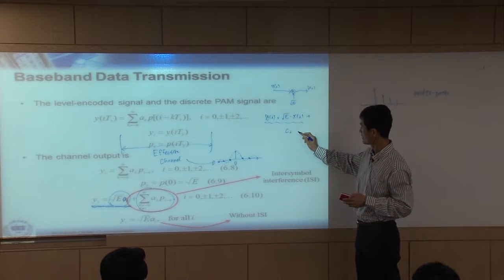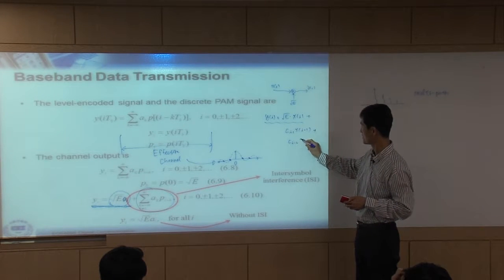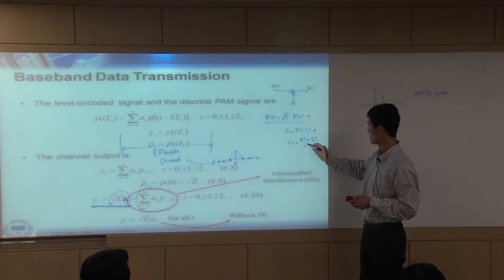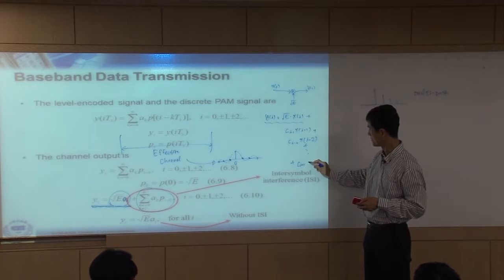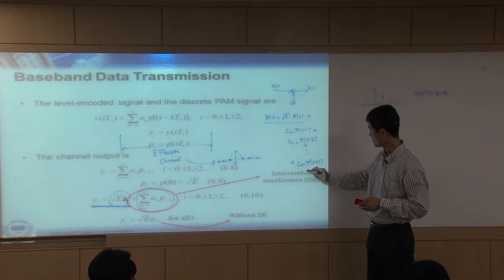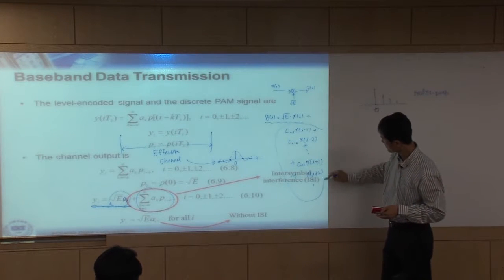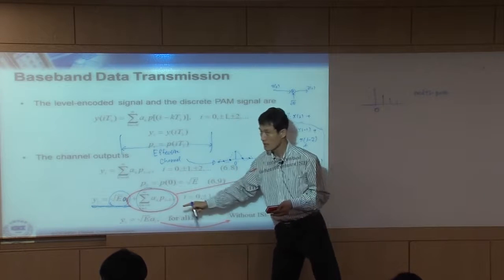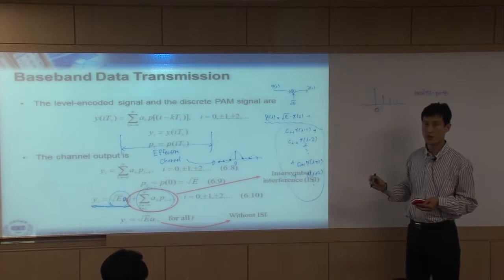Ci xi minus 1 plus some other C I minus 2 x I minus 2 something, right? And also some xi plus 1, xi plus 2. So that's all you have here. That's this term. And what is this term? These terms are all ISI.